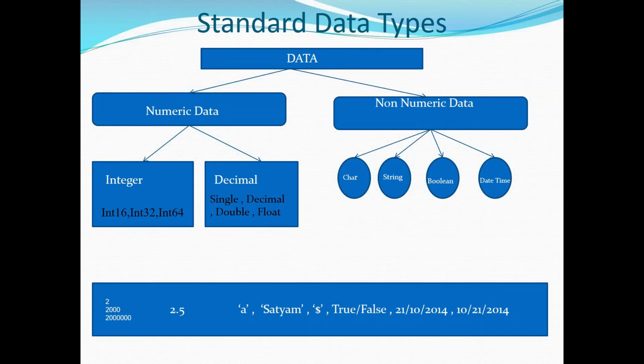Other than numbers means it can be a character, it can be a collection of characters, it can be a special character, it can be date time, it can be a song, it can be music, it can be a picture. But ultimately, at the top level, you will find only 2 categories, numbers and other than numbers. These are called numeric data and non-numeric data.